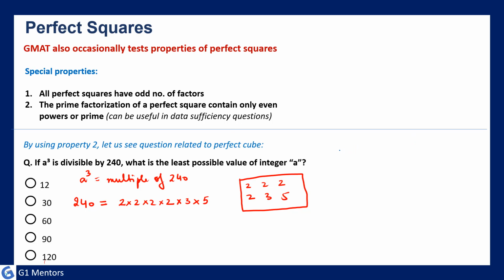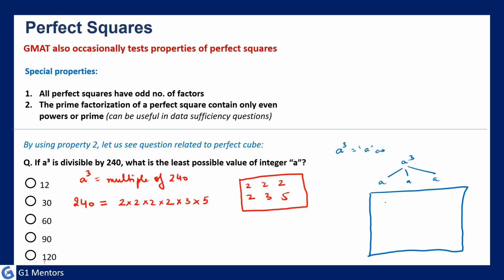Another way to look at this is that the prime box of a cube will have the factors of a appearing in sets of 3 as well. So for example, if we have to draw the prime box of a cube, how will it look? The prime box of a cube will look like having 3 prime boxes of a each.